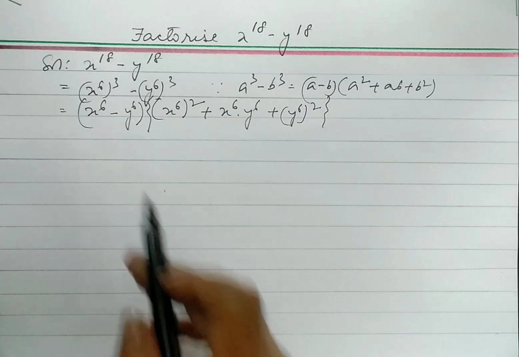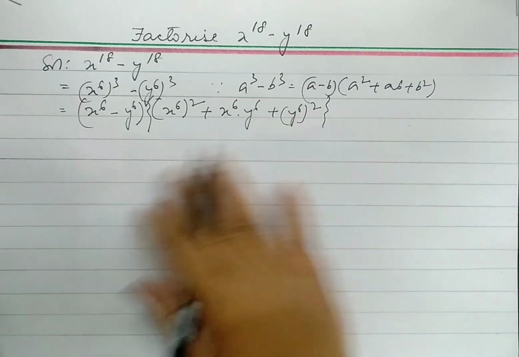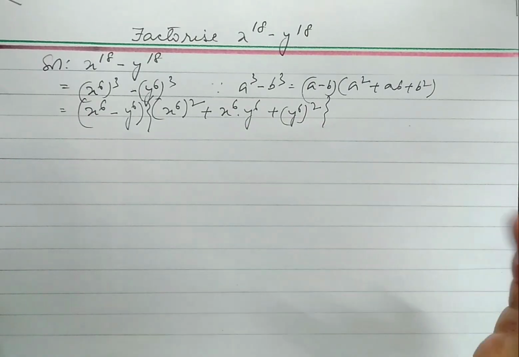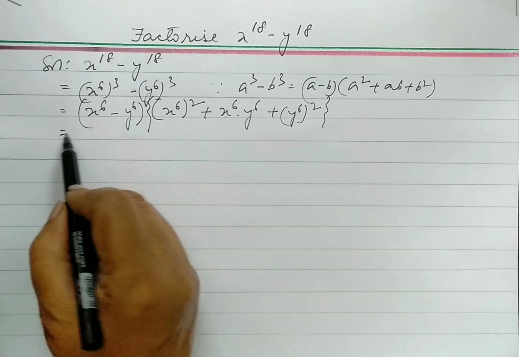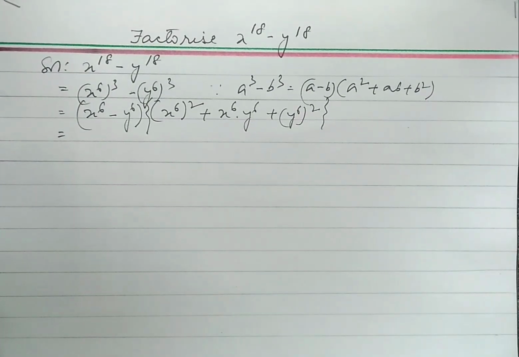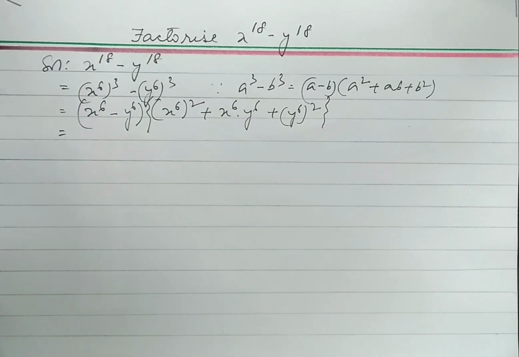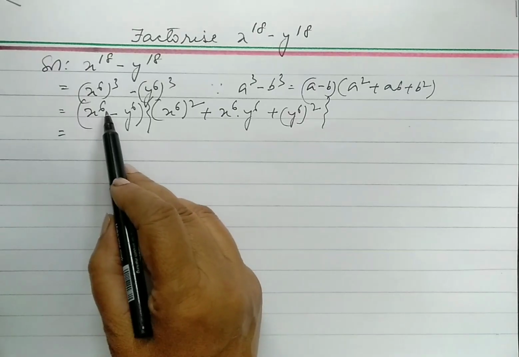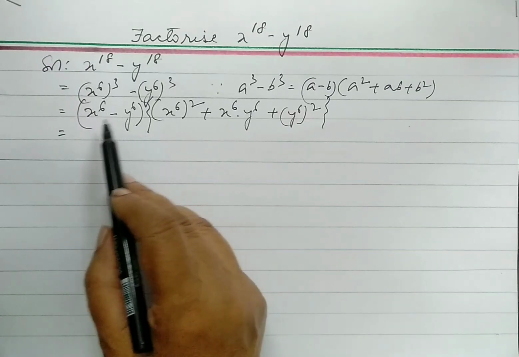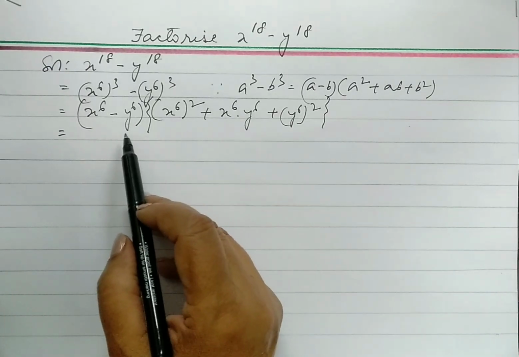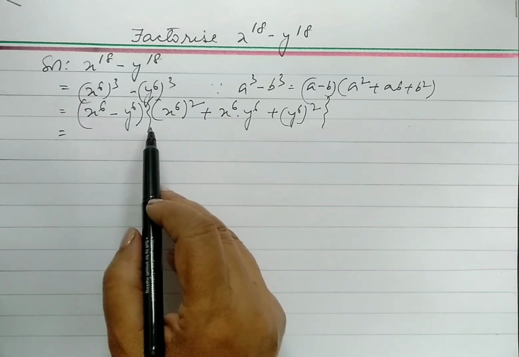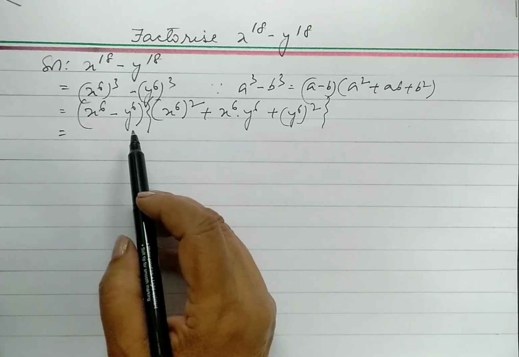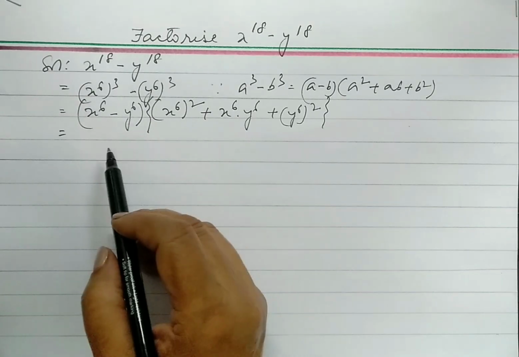Now where are we heading towards? Any idea? Are you understanding how this is going to be? So we have x to the power 6 minus y to the power 6. We don't have an identity for this for your standards, so we resort to yet another identity.